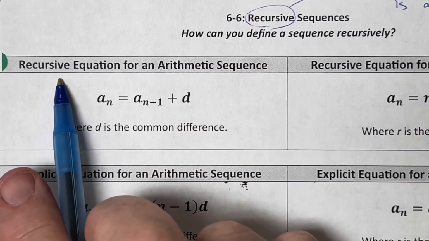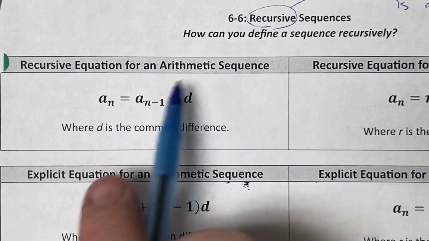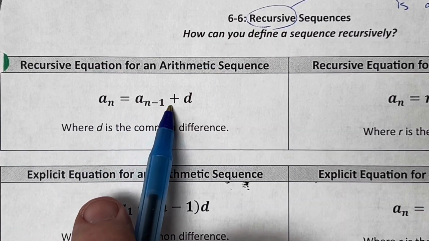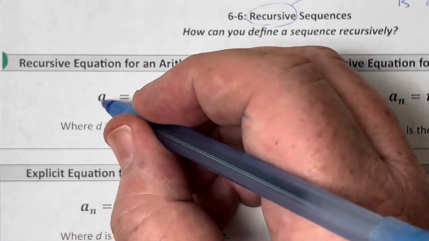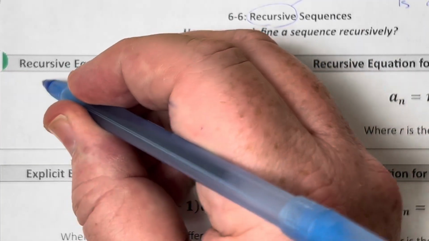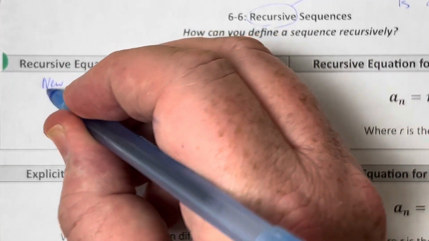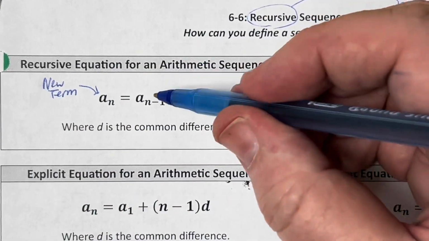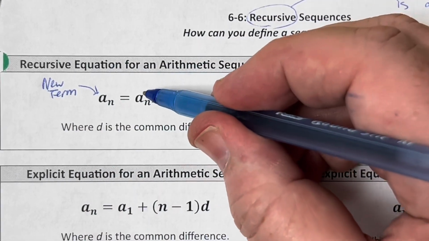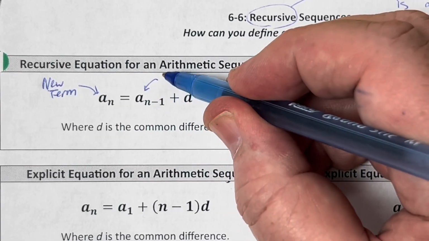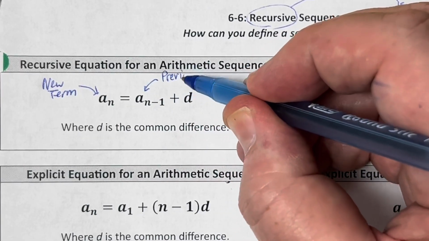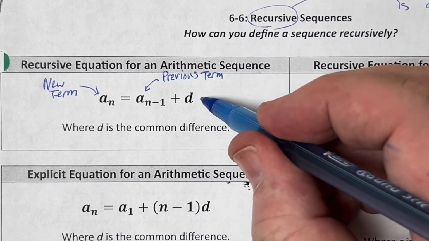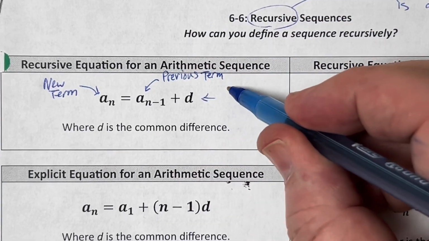So if we're looking at the recursive equation for an arithmetic sequence, which is a_n equals a_(n-1) plus d, a_n is the new term. That's what we're looking for. a_(n-1) is whatever previous term we're going to be using, the one that comes before that, and d for arithmetic is the common difference.